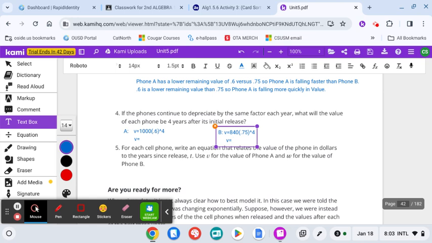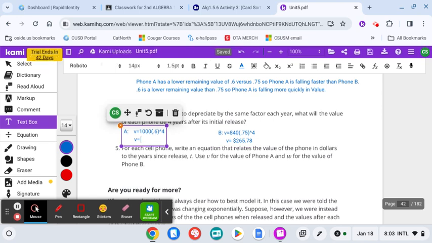All right, when I plugged in 840 times 0.75 to the power of 4, did you guys get $265.78? And then for the first one, 1,000 times 0.6 to the power of 4.